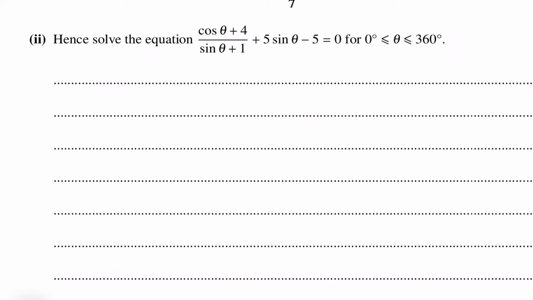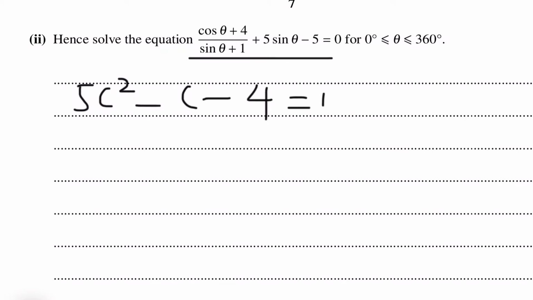Now I will change this left-hand side equation into the equation I just got earlier. So 5c squared minus c minus 4 is equal to 0.